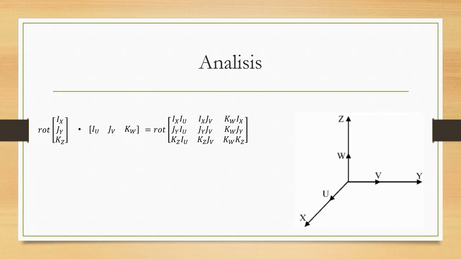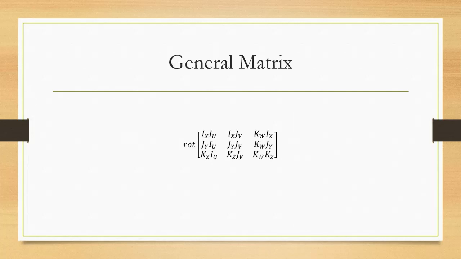In this matrix, it refers to the rotation that the three axes have, but I am going to explain it better. The general matrix: the result of a dot product is a general matrix, 3 by 3. I am going to explain the components of this matrix.